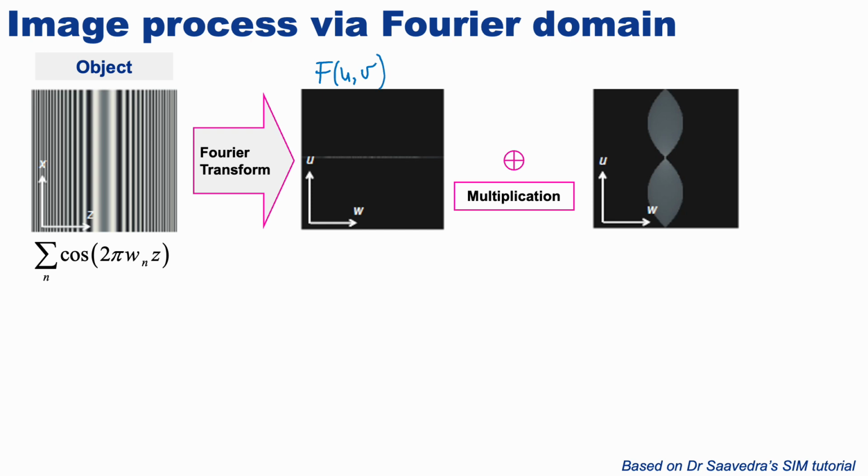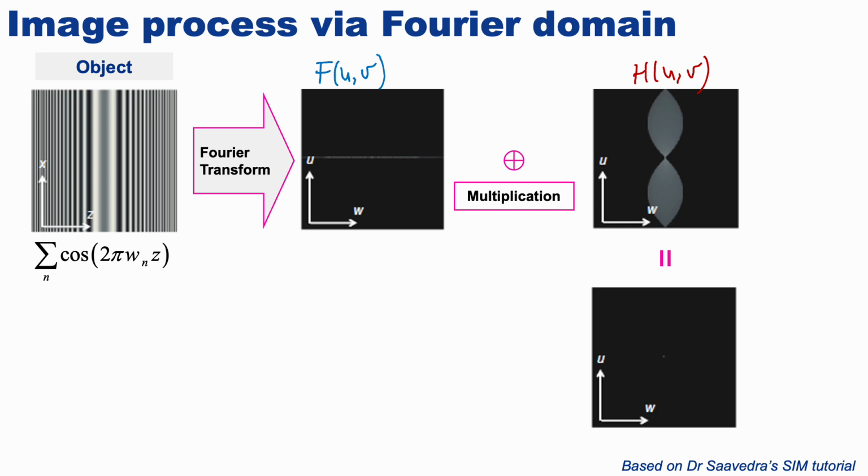I'm going to have 2 deltas for each cosine. So at the end, I have a line of a lot of unit deltas, and I'm multiplying here by my transfer function. Let's assume that my transfer function is this bow tie. And when I do this multiplication, this is going to be the output spectrum.